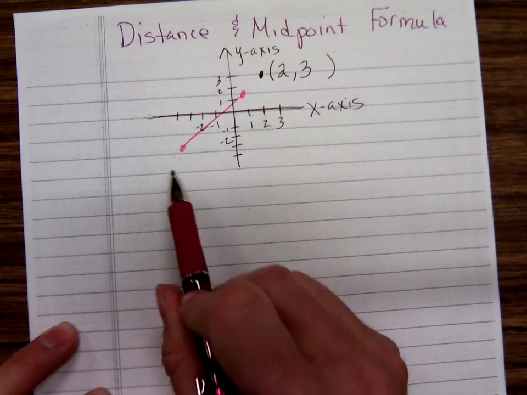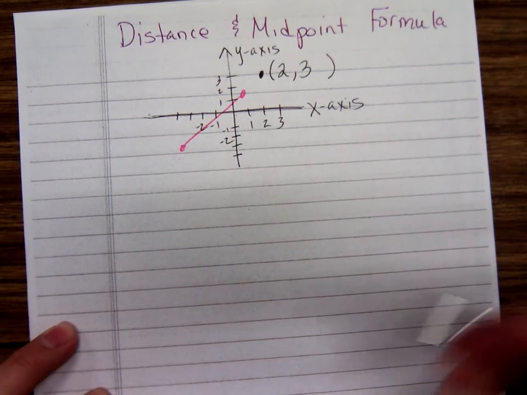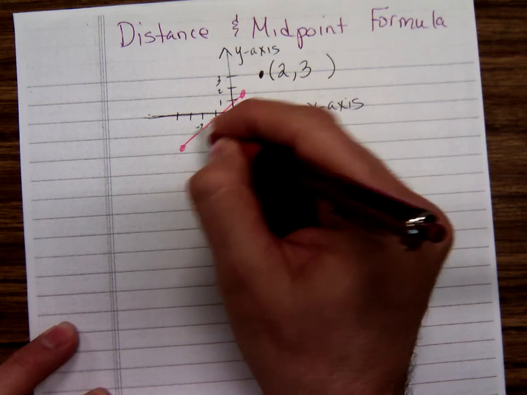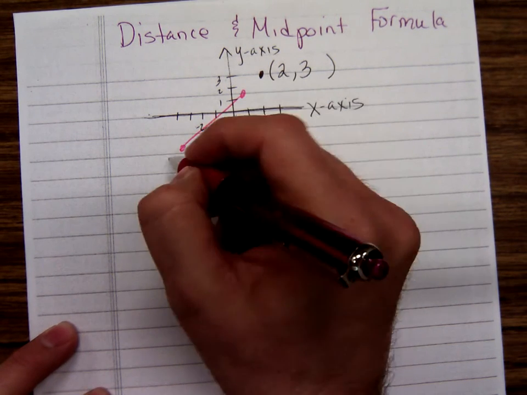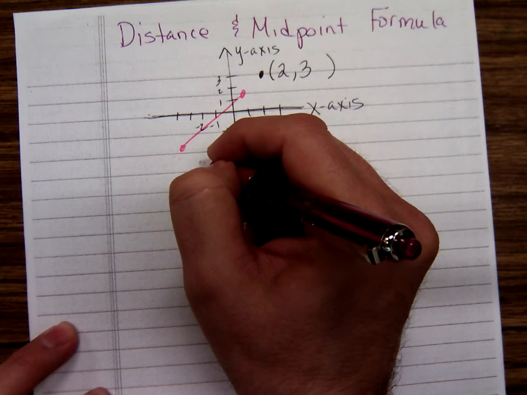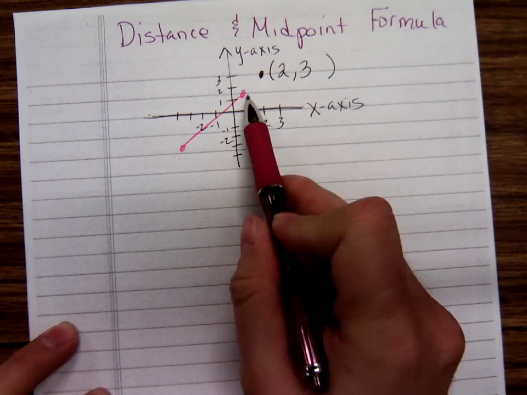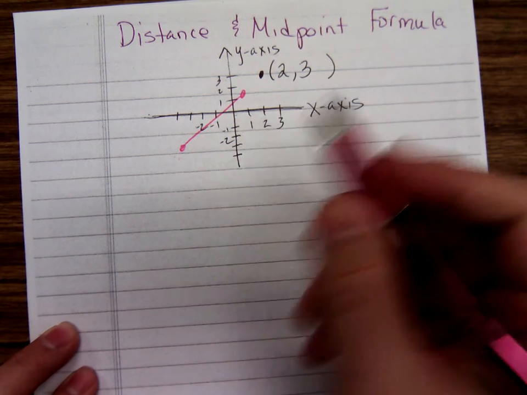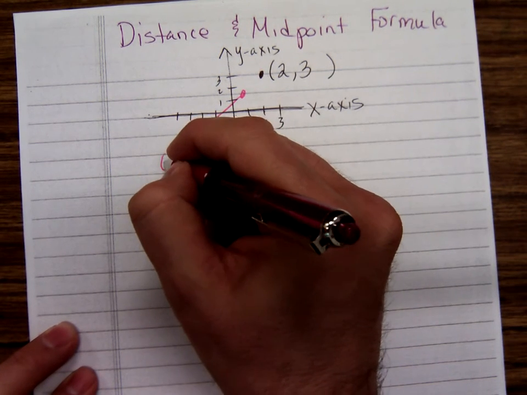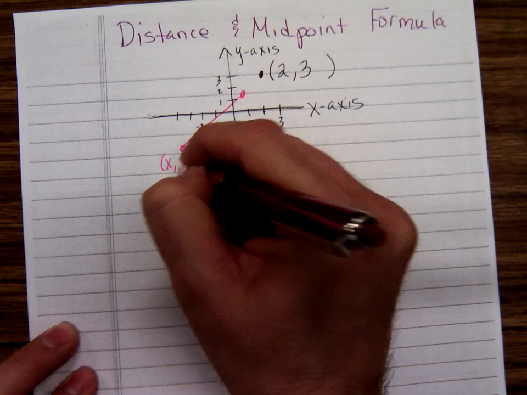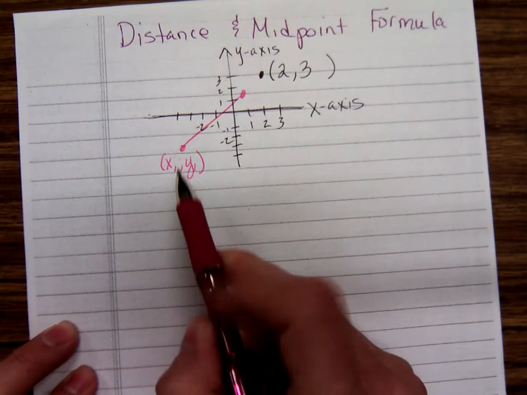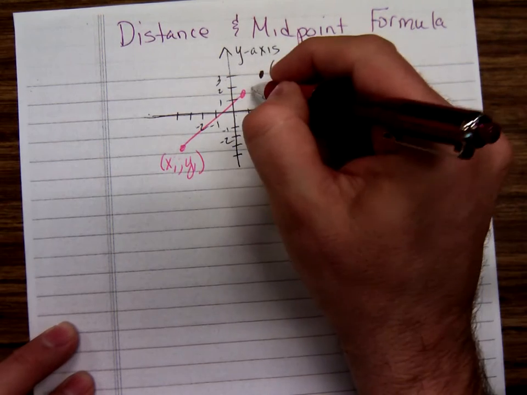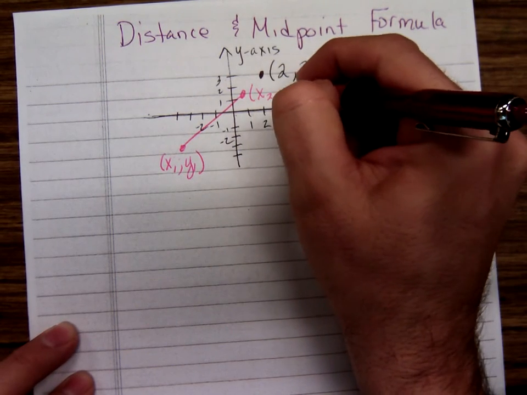Now, I'm going to call these points, each ordered pair, if you just want to refer to it as a variable, they're x, y, but I can't call both of these x, y because then you won't know which one I'm talking about. So I'm going to have subscripts on these, x1, y1, that's the first ordered pair I've labeled, and x2, comma y2.